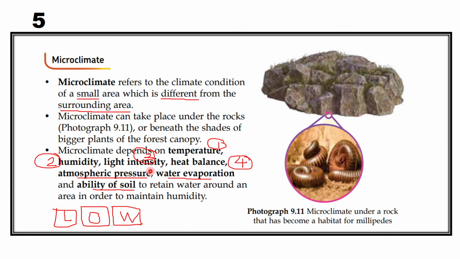Okay, dia punya humidity, water evaporation ataupun kebolehan soil itu to have water. So this light, oxygen, water, semua ini merujuk kepada keperluan hidup organisma tersebut. So therefore, when you elaborate this point on microclimate, you have to talk about all these factors, abiotic component, which is very essential in the survival of the organisms there lah.